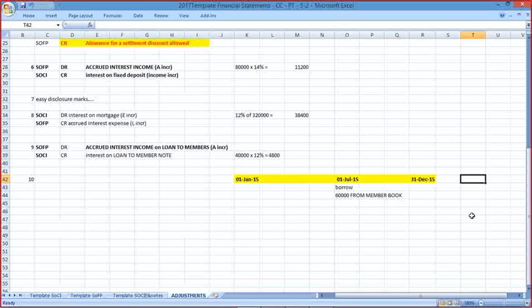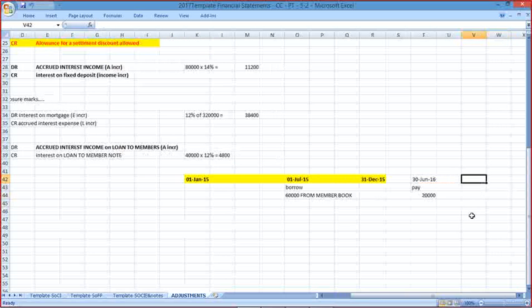So on 30 June 2016, how much are we going to pay? 20,000. And the rest after that, only in 2019. So what's long term, what's short term? Well, that 20,000 is long term as well.